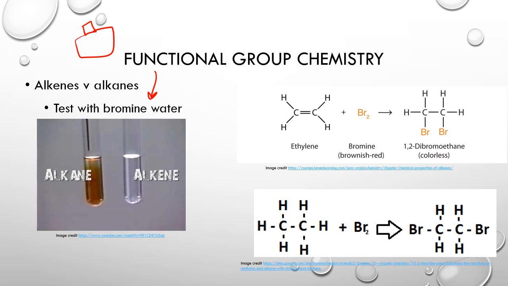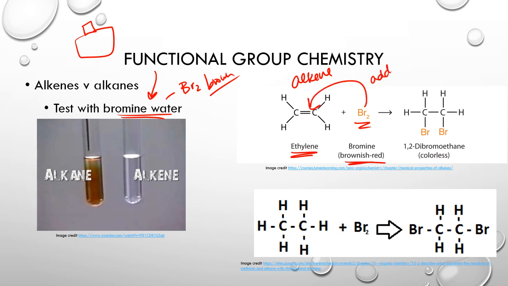What we're going to do is add this stuff called bromine water. So bromine water is literally just bromine with some water. It's brown. So bromine in water is brown, brownish red, if you will. So if I have ethene, an alkene, and I add bromine water to it, we're going to have a spontaneous addition reaction.